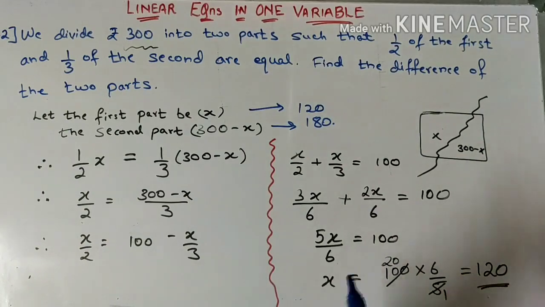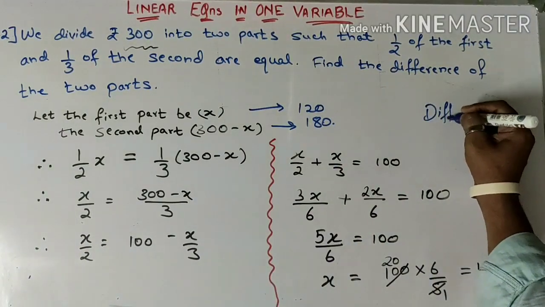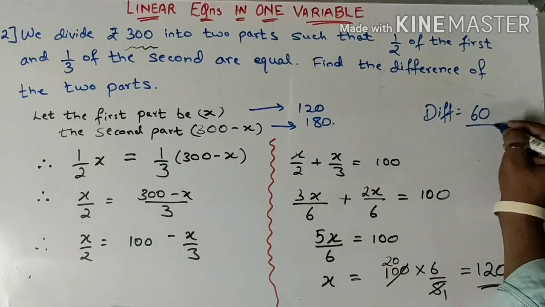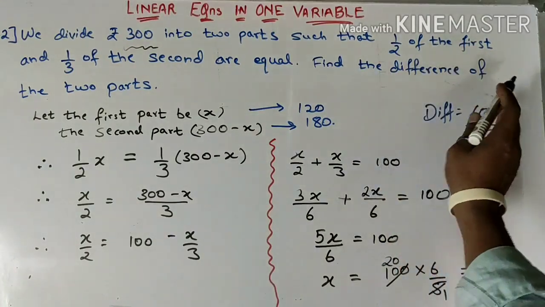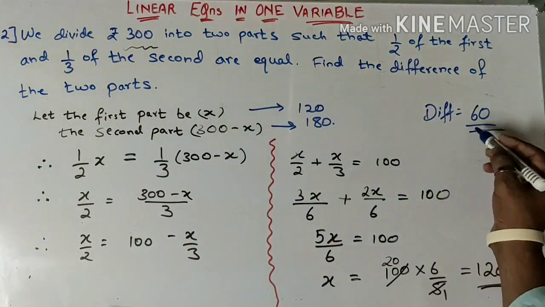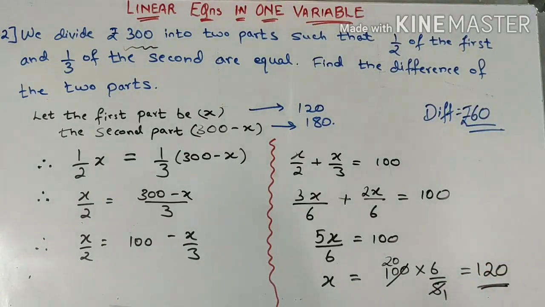So the difference is 60. 180 minus 120, that is 60. Hence you will write the difference of the two parts in the given sum will be rupees 60. With this we complete the second sum and move on to the third one.